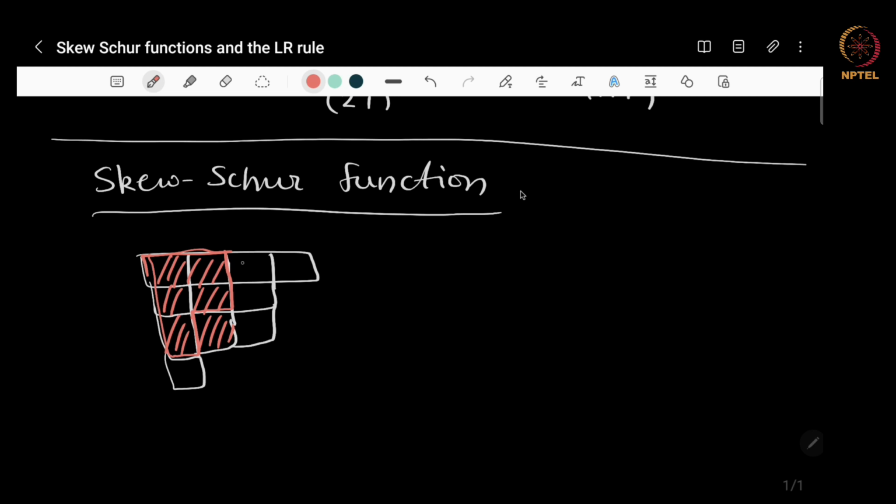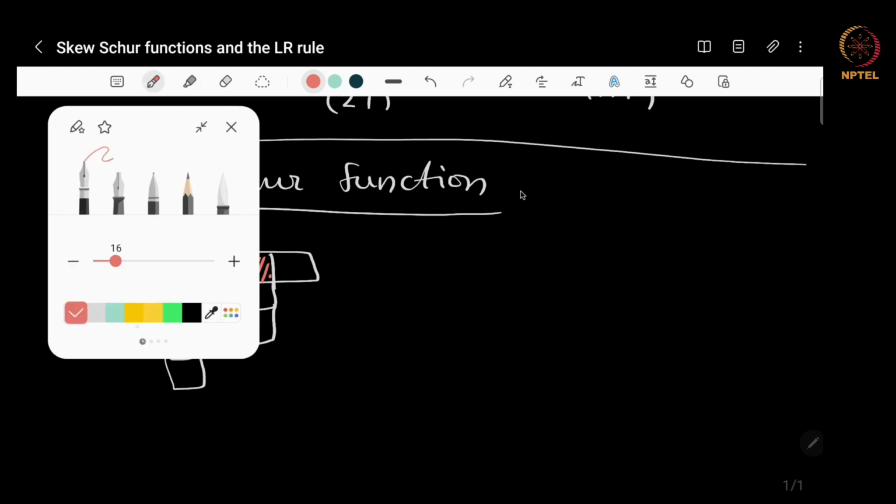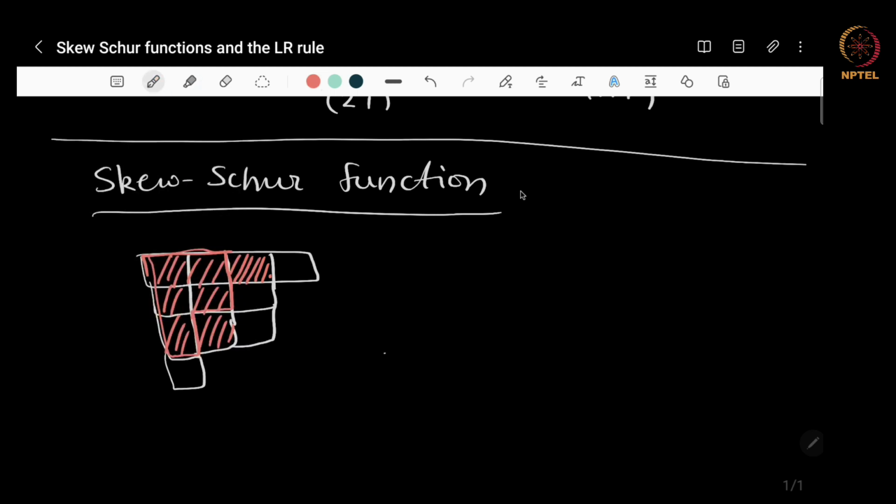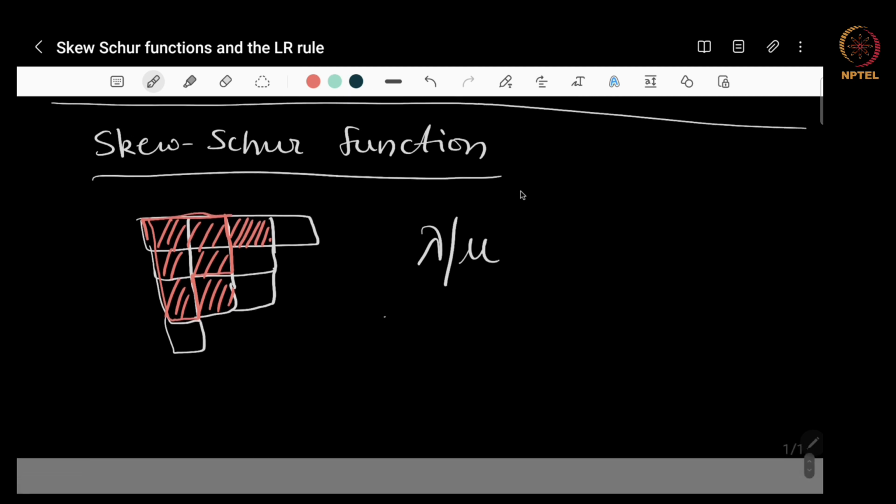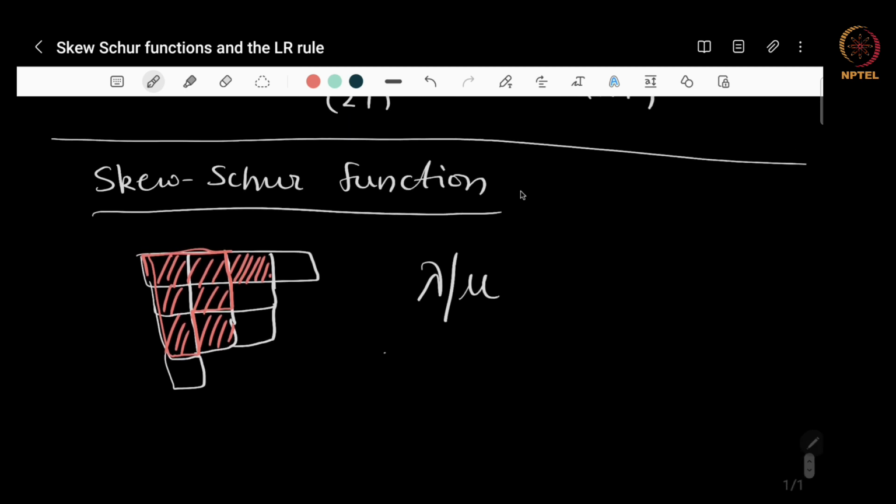So maybe I can even say this is my inner shape. So here's my mu. So we have an outer shape which is lambda and an inner shape which is mu. And the boxes that survive, that shape is not quite the shape of a partition. It's lambda/mu, just these ones. So there are just 4 boxes in this example which are part of lambda but not part of mu.